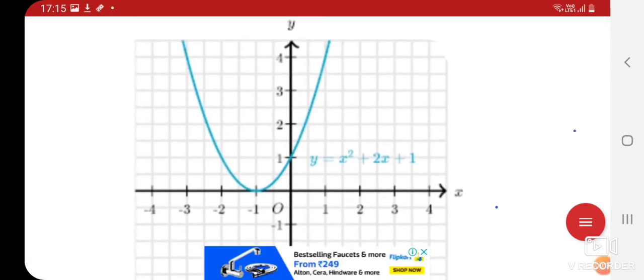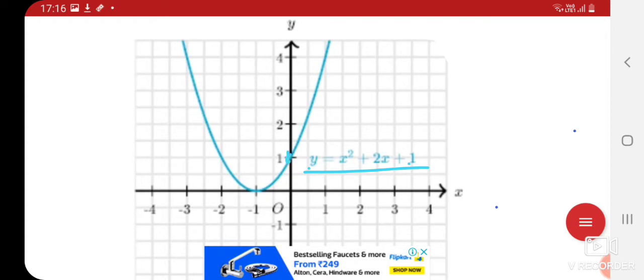Okay, graph equation is y is equal to x square plus 2x plus 1. So you know that when you put here 0 you will get y is equal to 1.